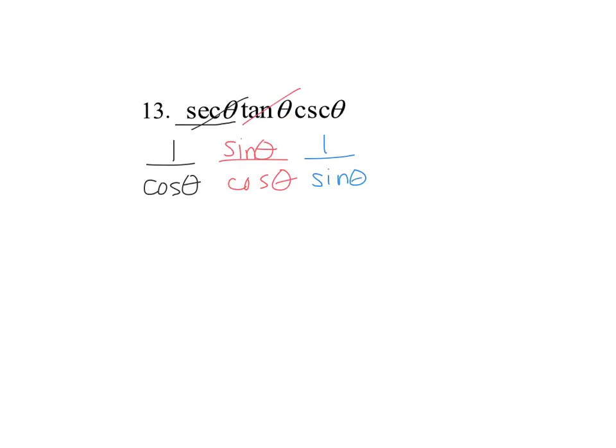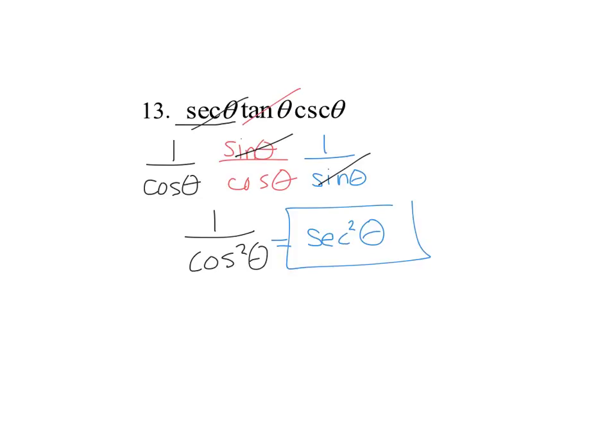So what I can cross out is the sines will cancel out, and I'm left with 1 over cosine squared theta, which, the reciprocal of cosine squared theta is the secant squared theta. So this is my final answer.